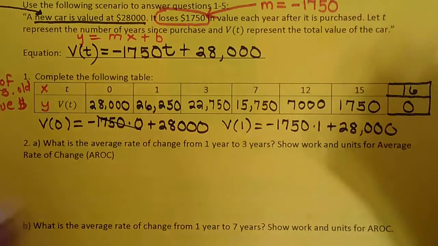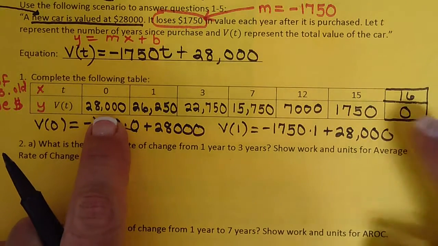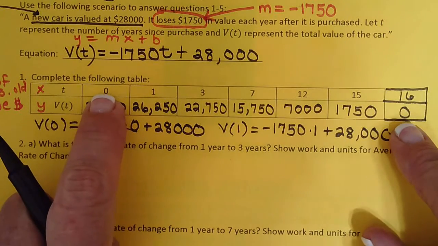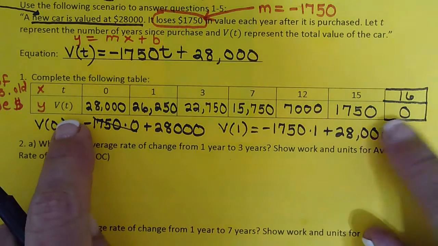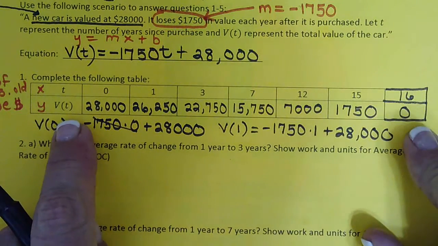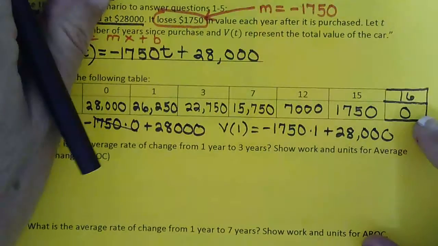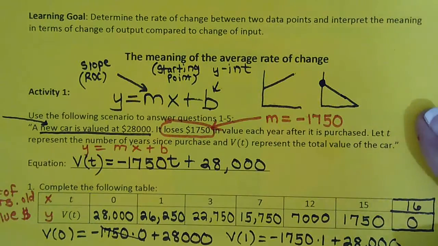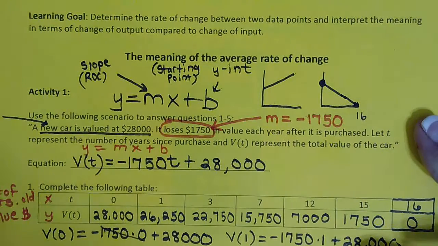So here's the Y-intercept. This is the starting value. Here's the X-intercept. This is the ending value. For the Y-intercept, remember, X is always 0. It's the starting point. For the X-intercept, Y is 0, and it's the ending point. If you were drawing the graph we were drawing earlier, this is what the car's depreciation would look like. It starts at this value, then after 16 years, it's worth 0.